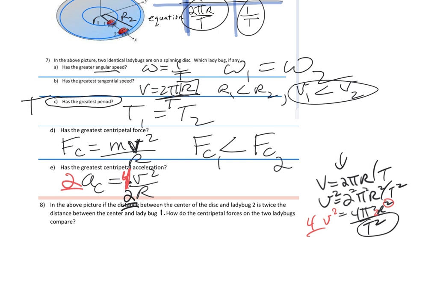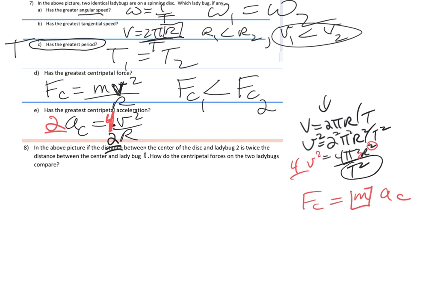Or you could have done it an easier way. You could say, okay, FC equals MV squared over R. Or let's make it easier. Probably lost you by now, but FC also equals MAC. The mass is the same for both of them.